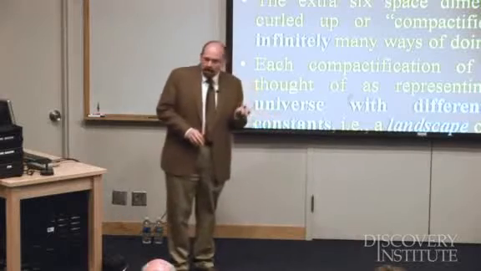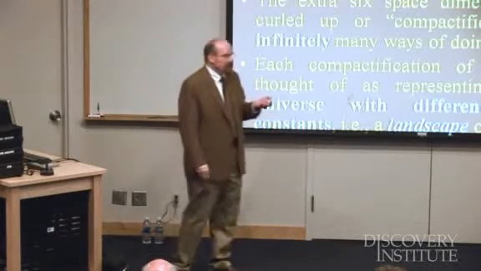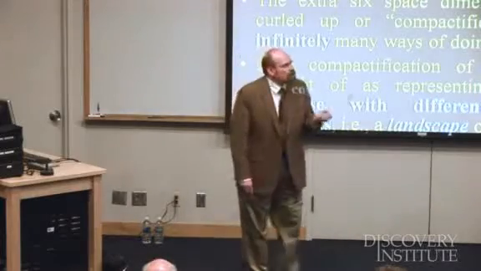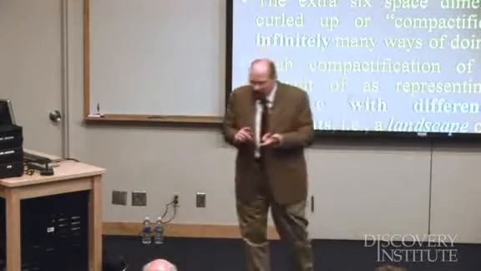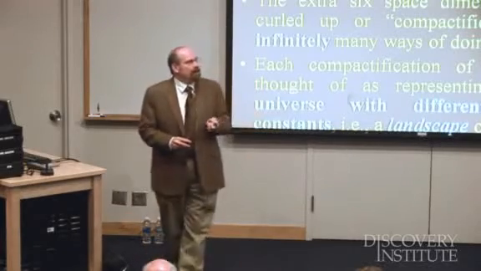So here's a mechanism then whereby, okay, you've got all of these solutions of string theory. You can get different laws from different shapes of compactification. You can get different constants out of the sizes of the compactified features.